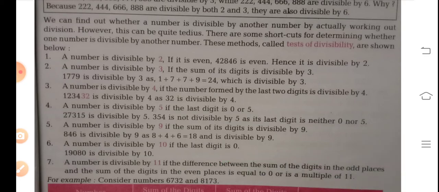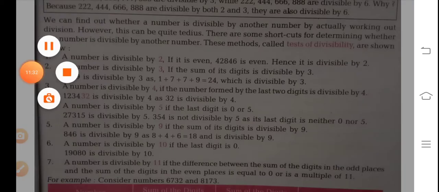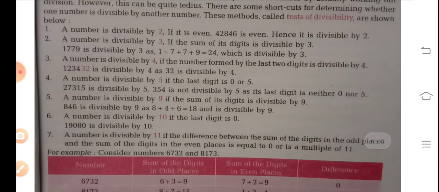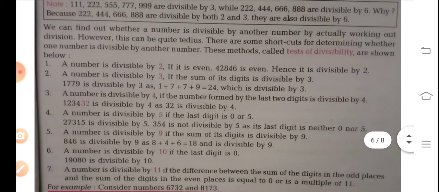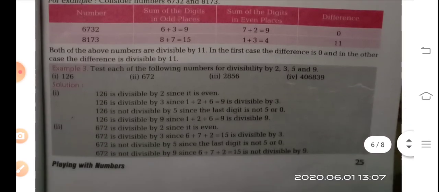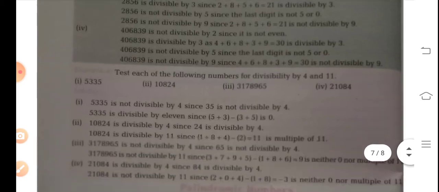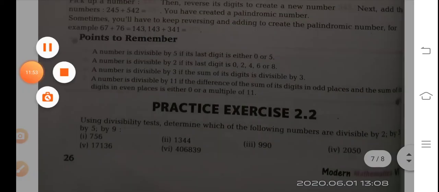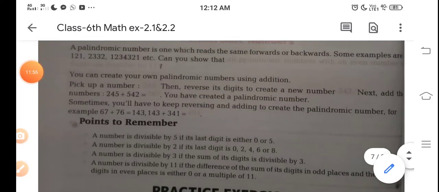If you remember this, then you have no problem solving any questions. Now I would like to discuss the divisibility rules. They are very simple. If you understand them, you have no problem.